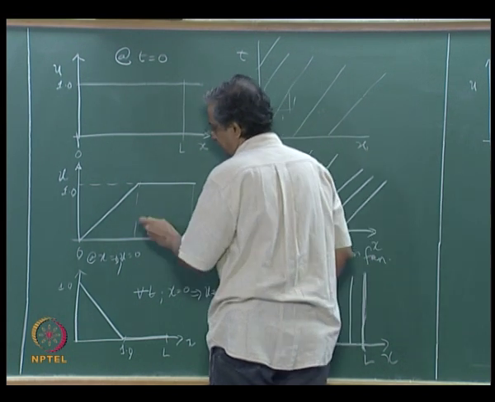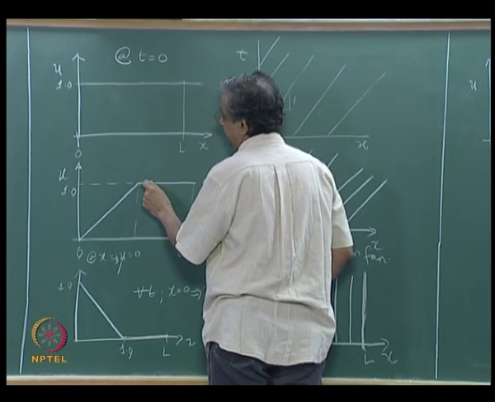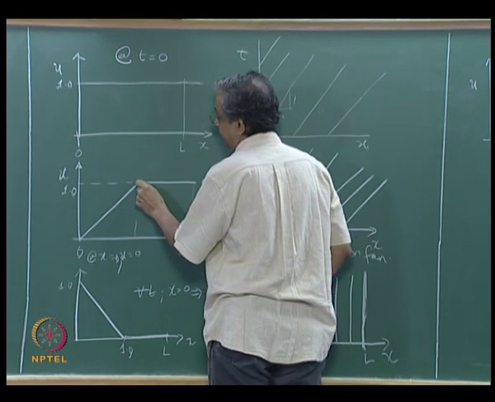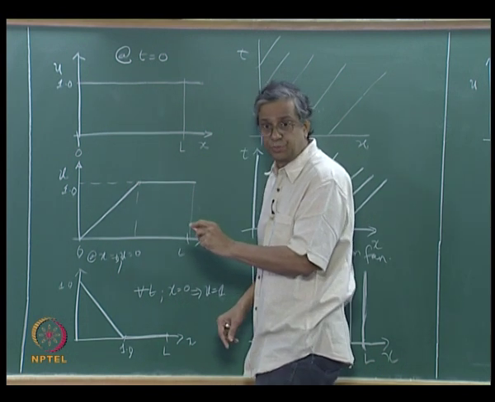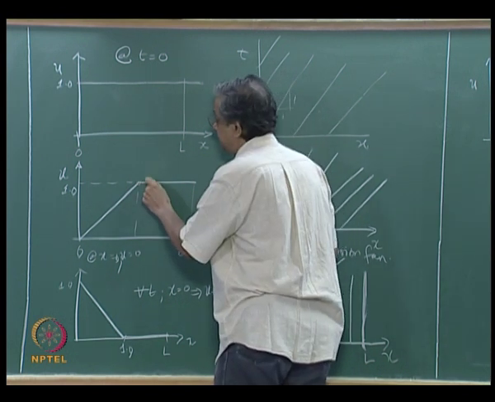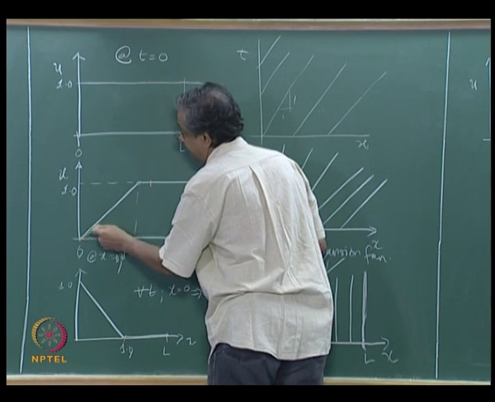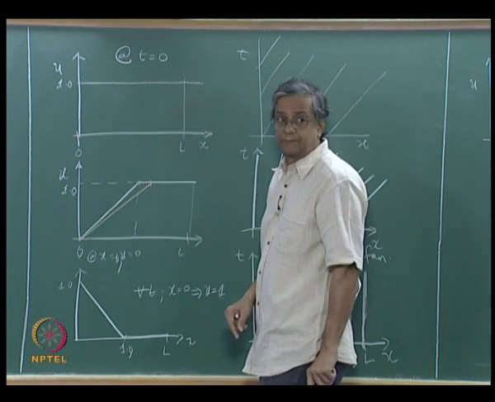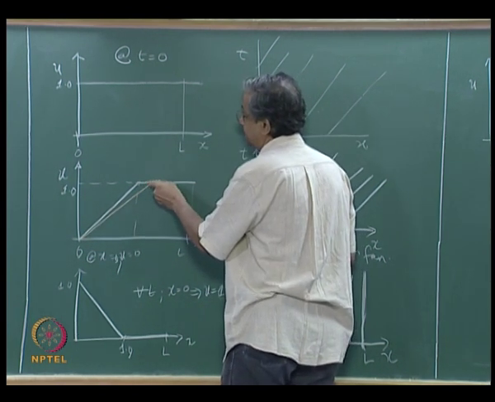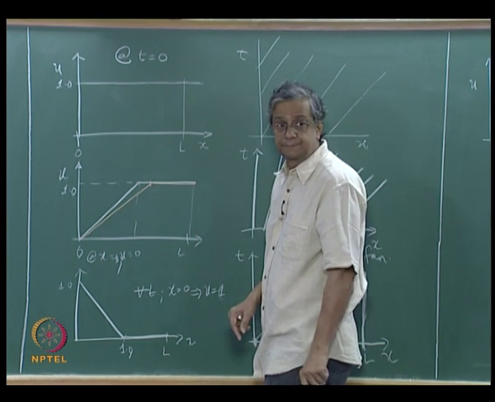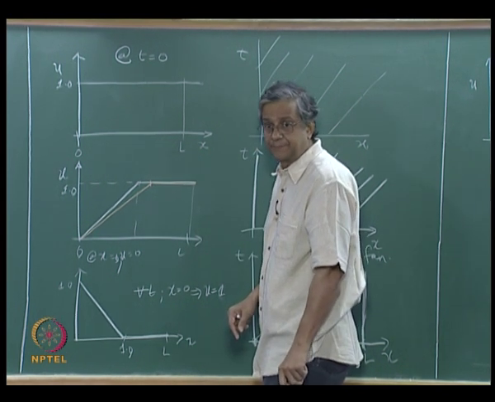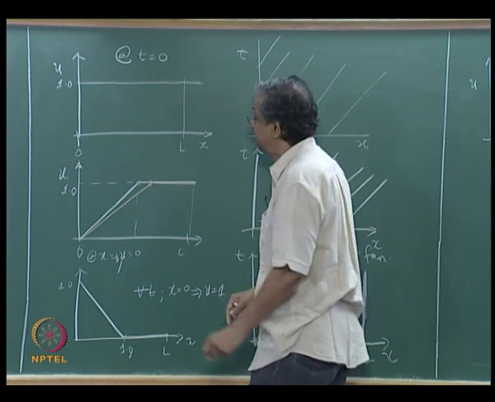So as time progresses, at different times, this point is going to move to the right, and you will get a function that looks like this. Am I making sense? Okay, that is why it is an expansion fan.